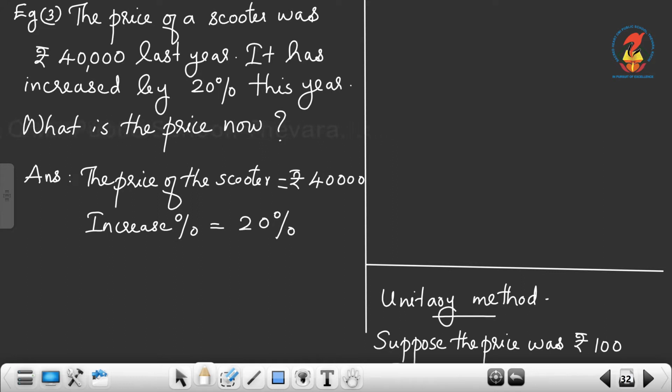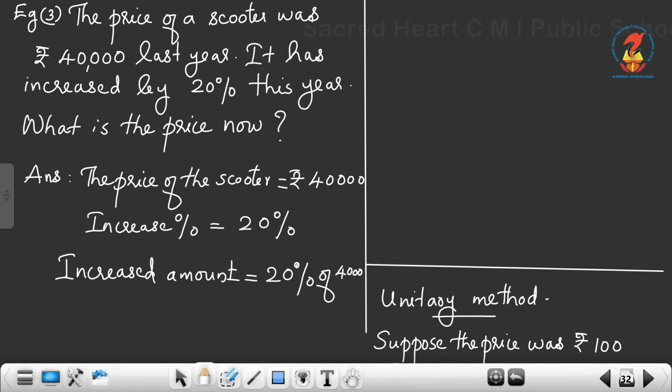The increase occurred, so you have to find out how much the increased amount is. How can you find the increased amount? The increased amount will be equal to 20% of 40,000. So, we have to find 20% of 40,000.